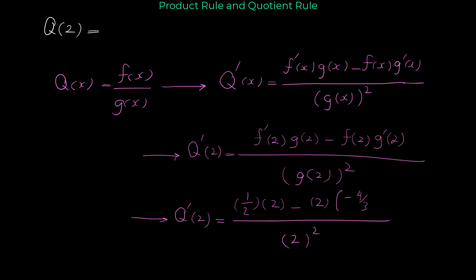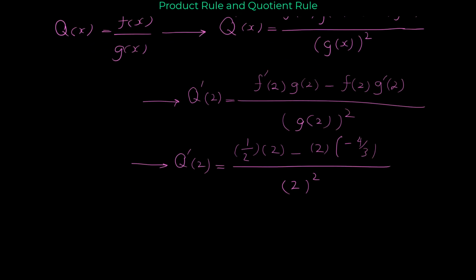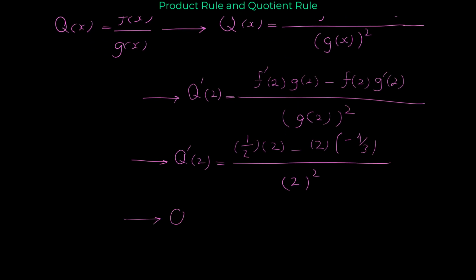So from here, q prime of 2 equals 1 minus 2 times -4/3 is -8 over 3. We have a negative here, so it becomes plus 8 over 3 all over 4. 1 plus 8 over 3 is 11 over 3. Divide this by 4.